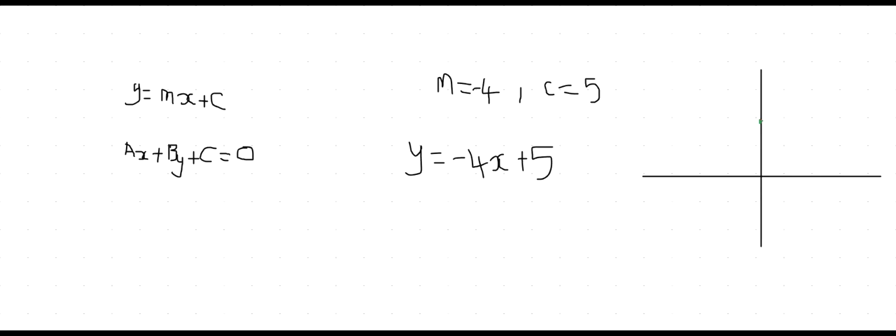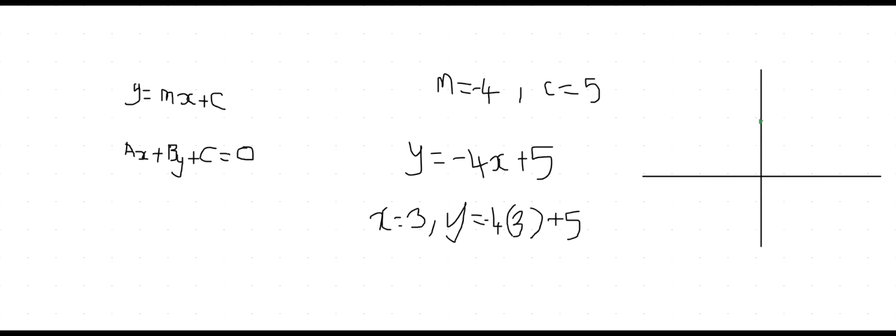So when x is equal to 3, then y is equal to -4 multiplied by 3 plus 5.